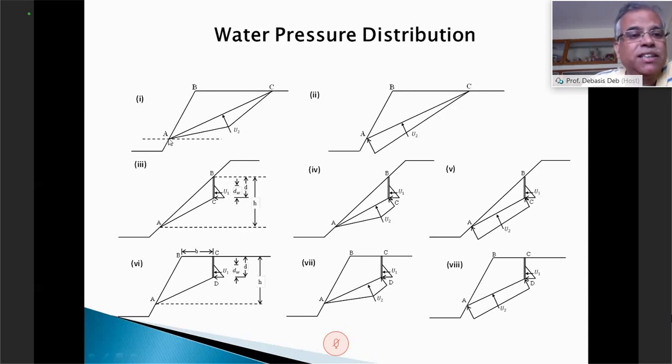And if we see the water is coming out from here, as in many slopes, that means again the atmospheric pressure, the water pressure here is 0. So now the question is, how does the water pressure vary inside?